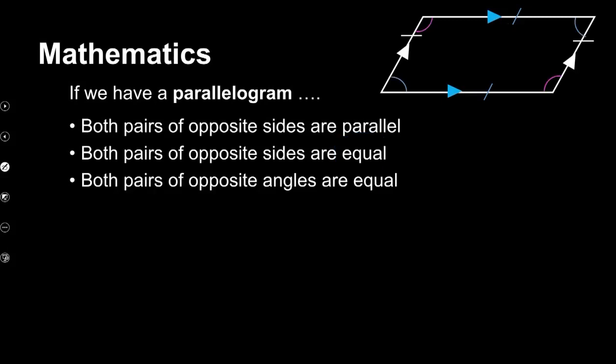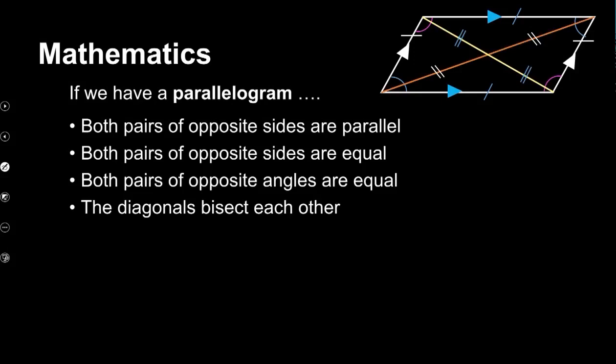The other important thing is that both pairs of opposite angles are equal. So these are opposite angles, they are going to be equal, and those are opposite angles, they are also going to be equal to each other. And then the diagonals bisect each other, meaning this diagonal here is cut into two equal parts by the orange diagonal, while it is also cutting the orange diagonal into two equal parts.